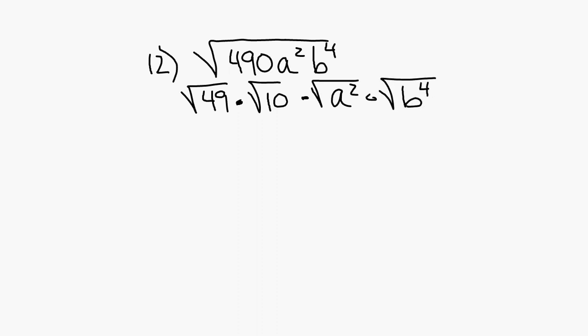Your perfect squares are the 49, the square root of 49 is 7, the square root of a squared is a, and the square root of b to the fourth is b squared. So outside the radical you have 7a b squared, and inside the radical you have 10.